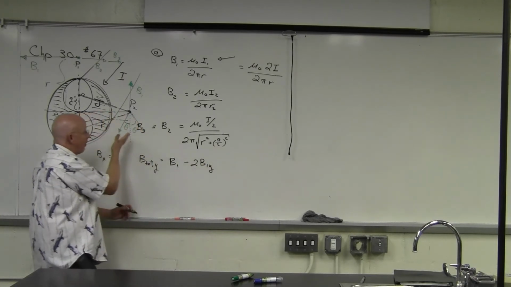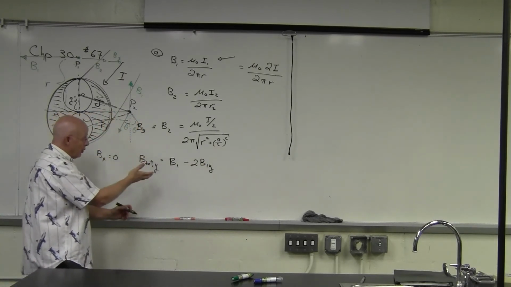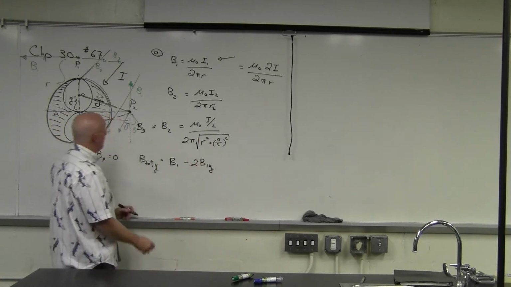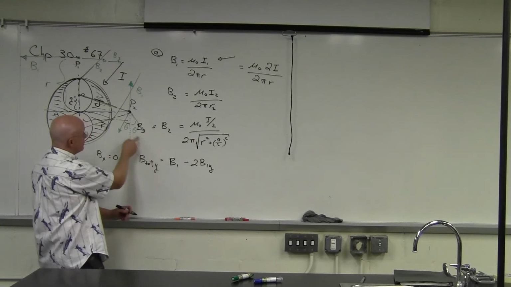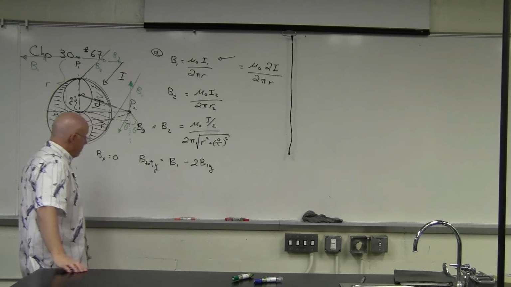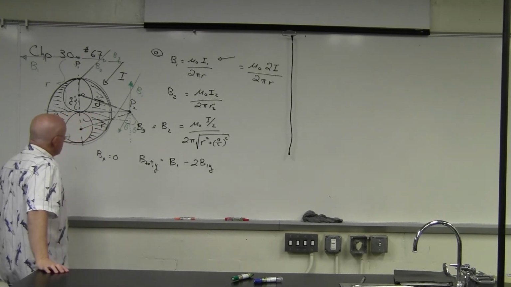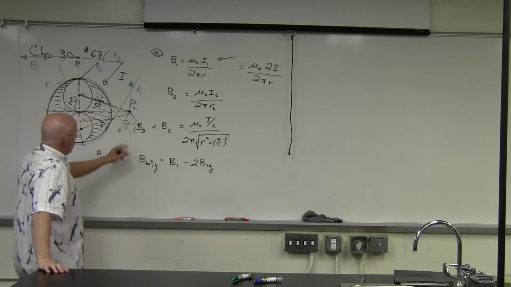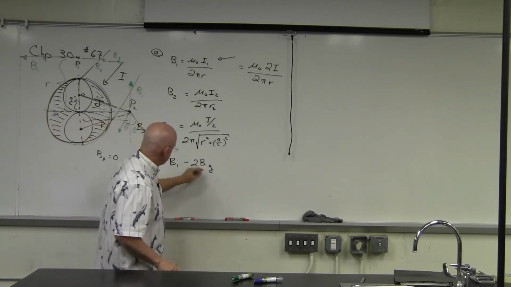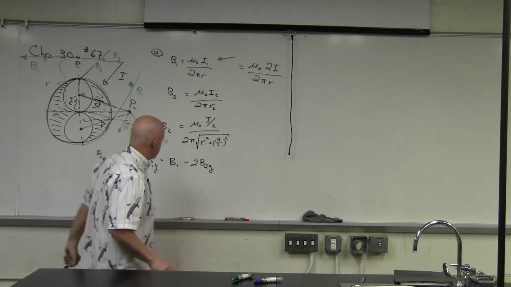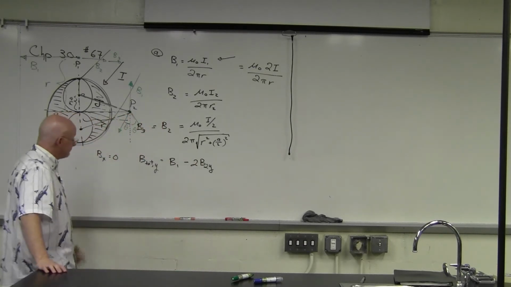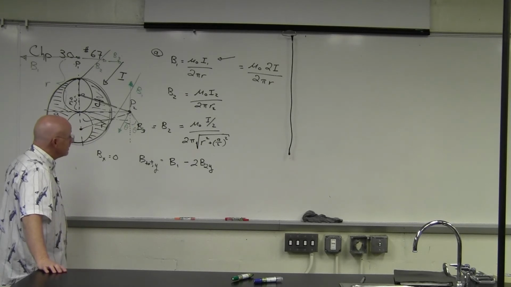But I'm trying to argue that the y component of number 2 and number 3 are the same. So I'm just going to double the y component of number 2. Because I already showed they have the same magnitude, and now I'm trying to show you they have the same angle. So they're going to end up having the same y component. Okay, so that way I won't even have to worry about number 3 at all here. Oh, I'm sorry, this should be number 2. Y component of number 2, and I don't have to worry about number 3 at all. Okay.